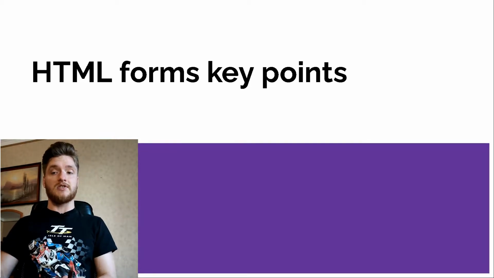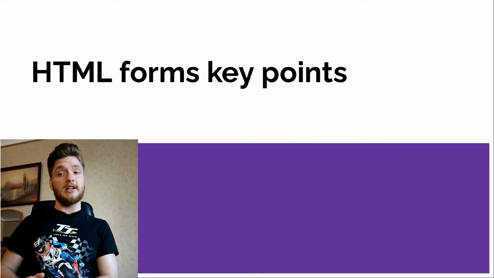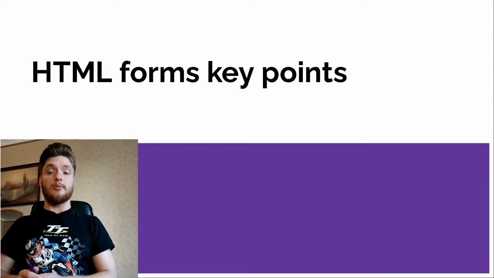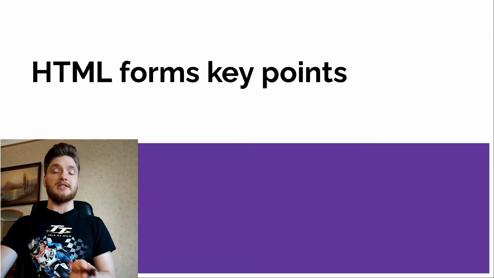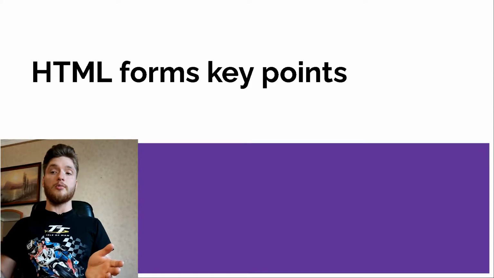A get packages form data and appends it to the URL. Use post when the form data should be private, or when it is large, such as when a text area or a file input element is used.